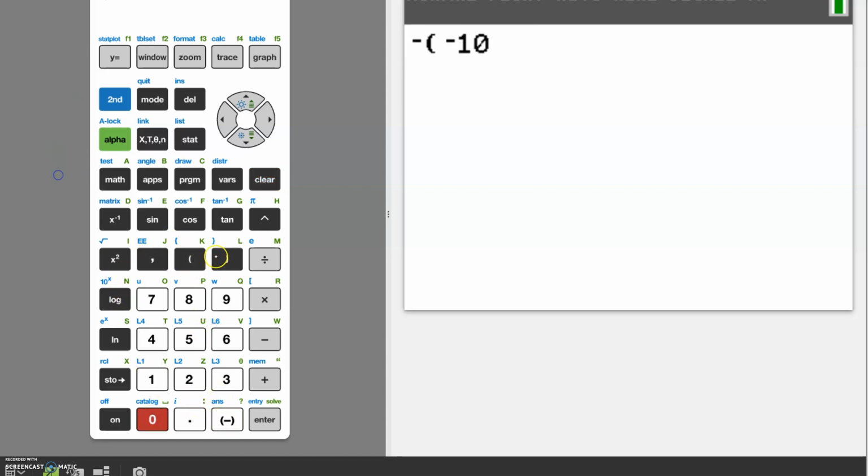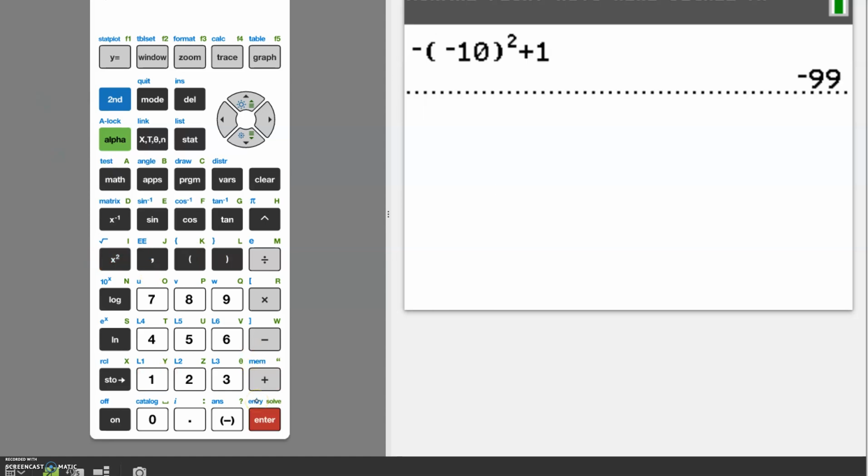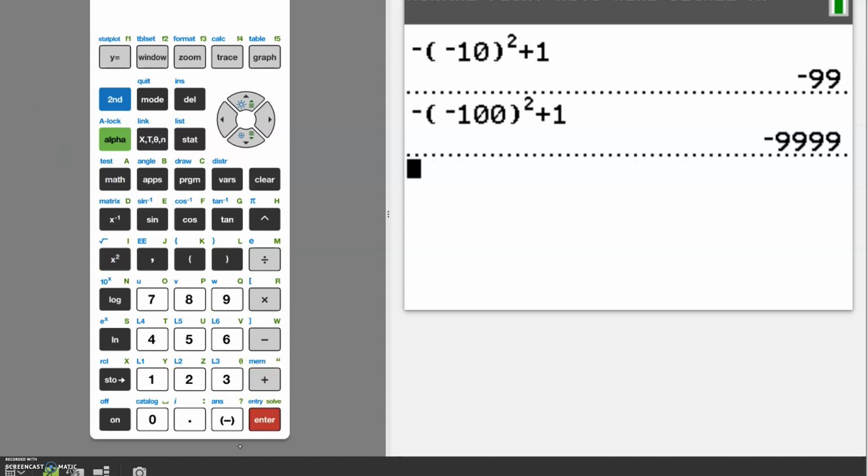now I'm putting in negative 10, then I'm going to square it and add 1. Same thing. I put in negative 100 and I square it and add 1. Notice what's happening to my values. Whoops, there should be a negative in there. Let's just clear that.